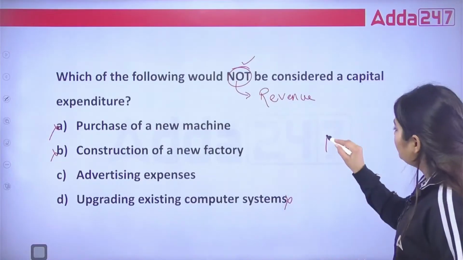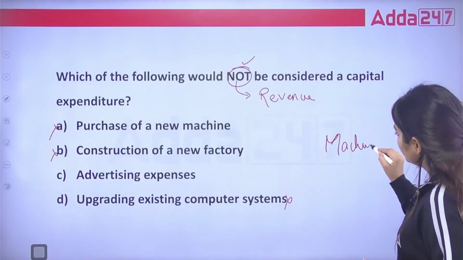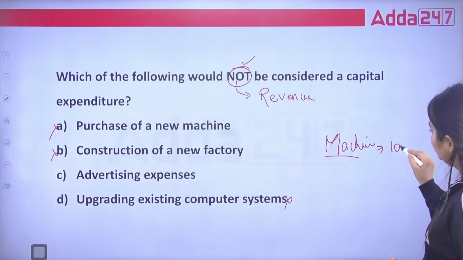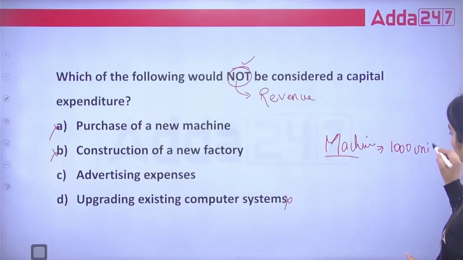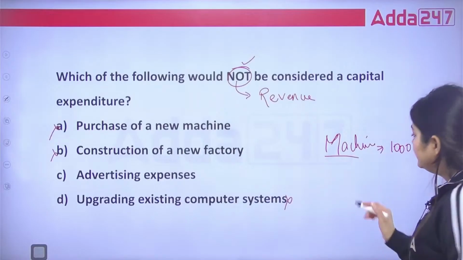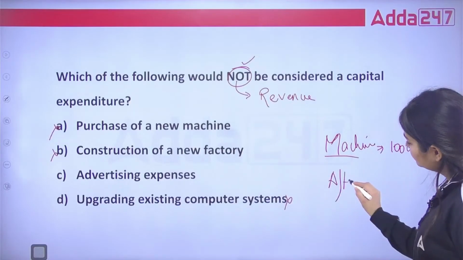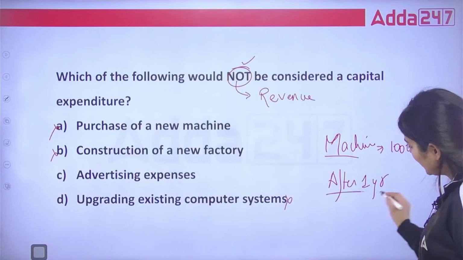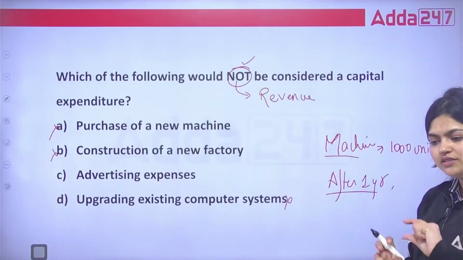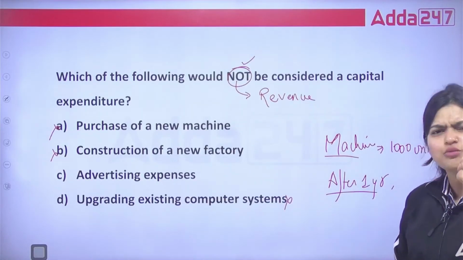See, I purchased one machine. This machine helps me to produce 1,000 units. Now, after 1 year, technology enhanced. So now there is one engine or motor.